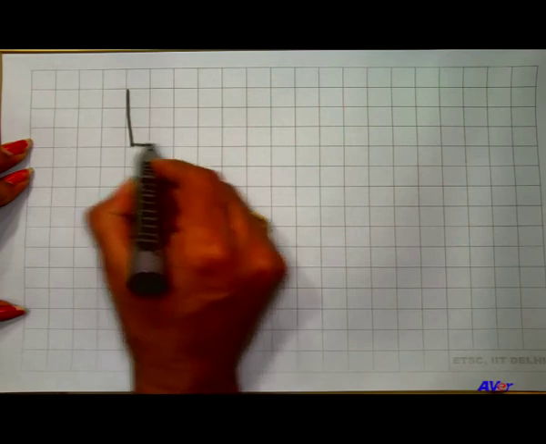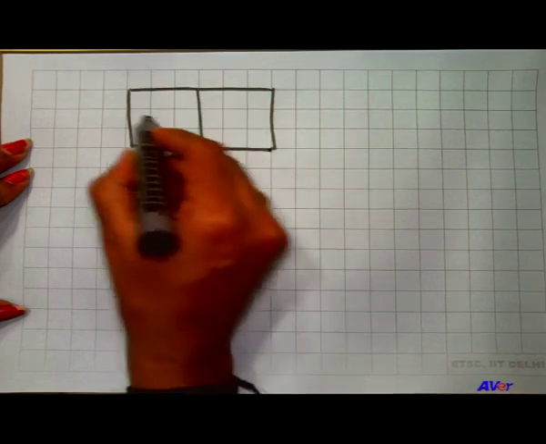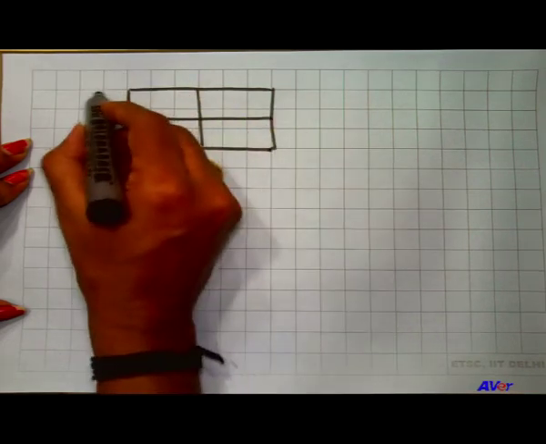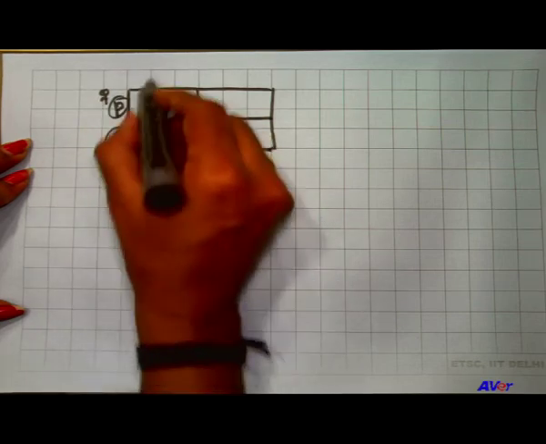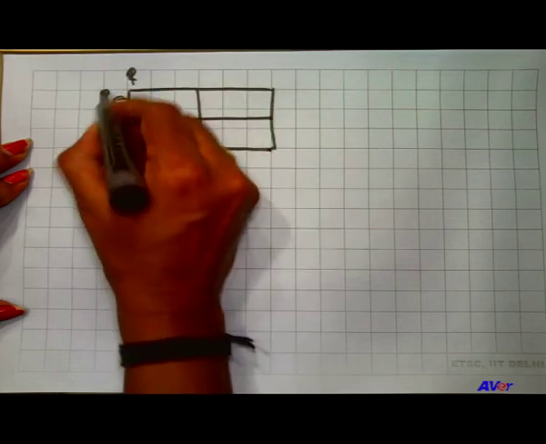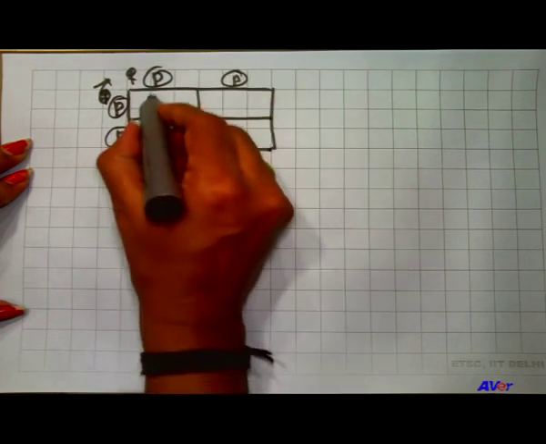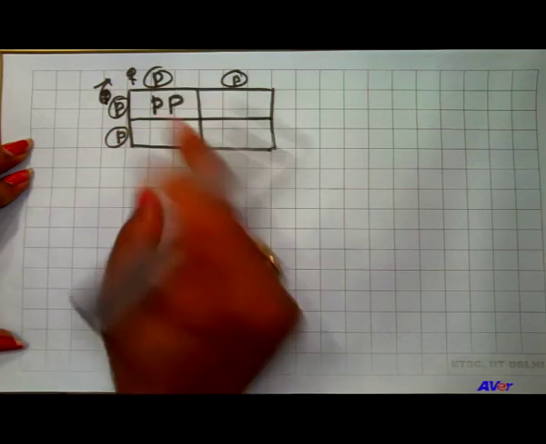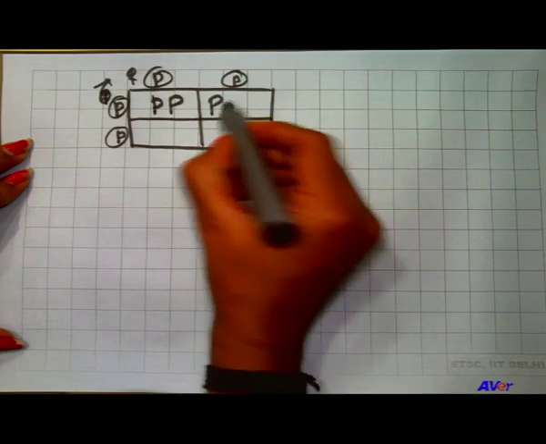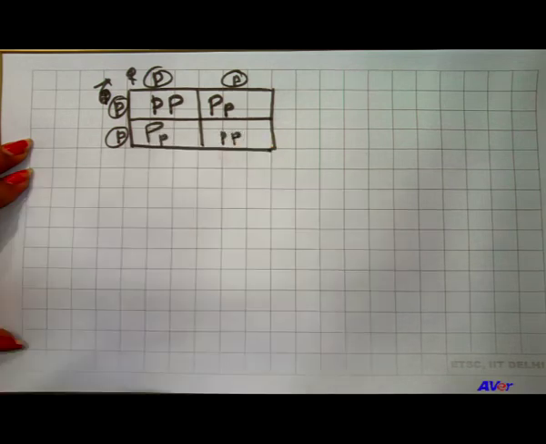Now we have to make the Punnett square for representing the F2 generation. Male gamete on the vertical side here, capital P, small p, and here is the female gamete, capital P, small p. So, among the progenies, the combination here is capital P, capital P, small p, here also capital P, small p, and this is small p, small p.